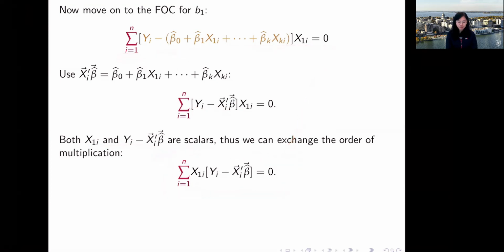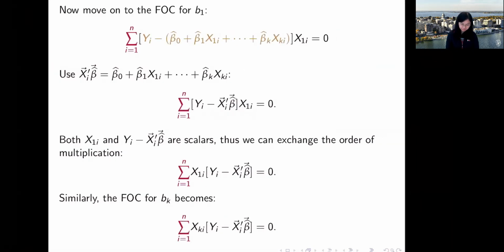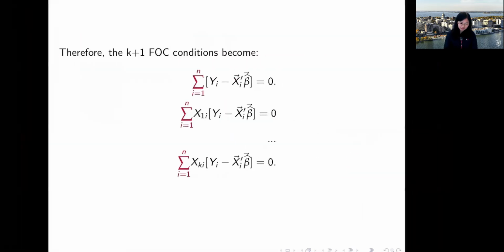Now you do that for all the b's except the b naught. You do that for all the b's, you're going to get this simplification. Now you put them all together. This is the first order condition for b naught. This is for b1, and this is for bk, and so on and so forth.